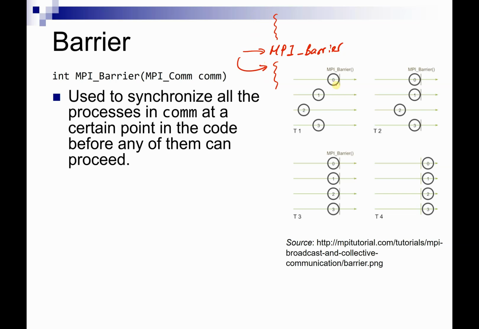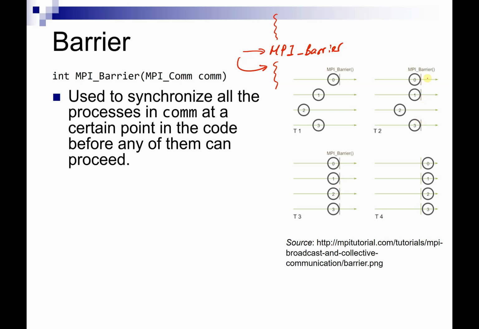So here's a visual representation. Suppose that we have this barrier at some line of code. Now maybe process 0 is the fastest process, so it's the first to reach the barrier. Then processes 1 and 3 reach the barrier, and then process 2 reaches the barrier. When they reach the barrier, these processes are going to wait at the barrier.